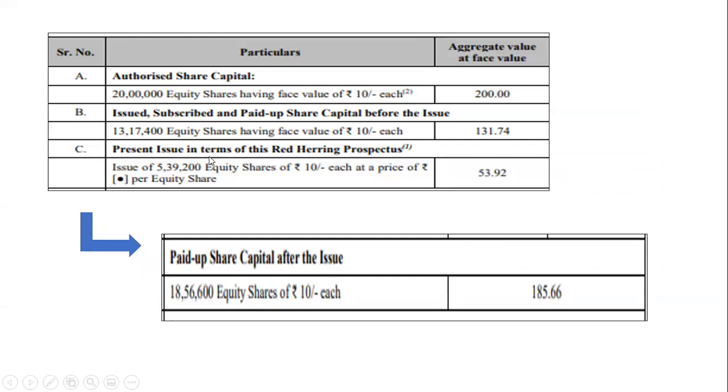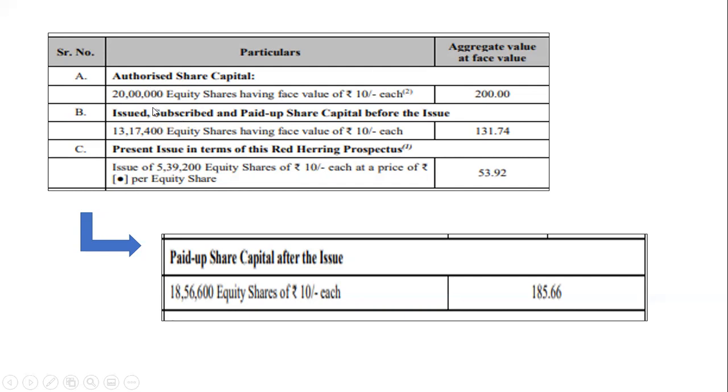What is the impact of this issue on their capital, which will appear on the balance sheet? The authorized share capital of this company is 20 lakh equity shares, face value of 10. But we'll see that the authorized capital has also changed in recent years.